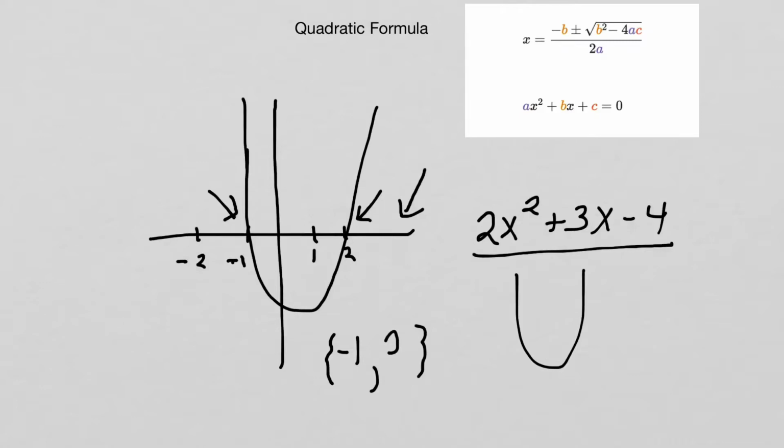That's the other answer. It's got 2 answers. That means this touches twice. So what we're going to do with this quadratic formula today is we're going to find out, using math, using this formula, where it touches on the x-axis.